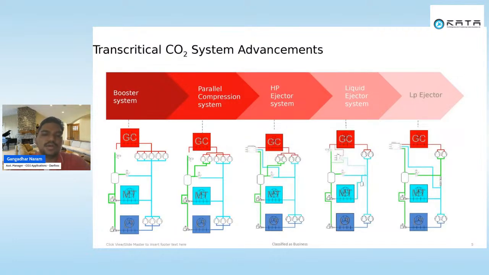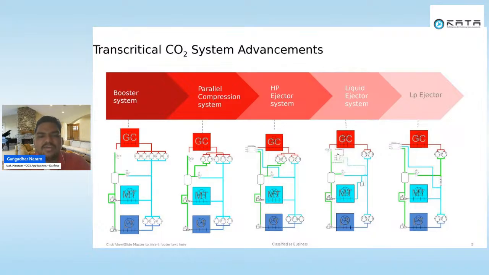So similarly, there are multiple different systems for CO2. For example, the booster system, as it is called, where we use two different compressors. One is the booster compressor, another one is the MT compressor.